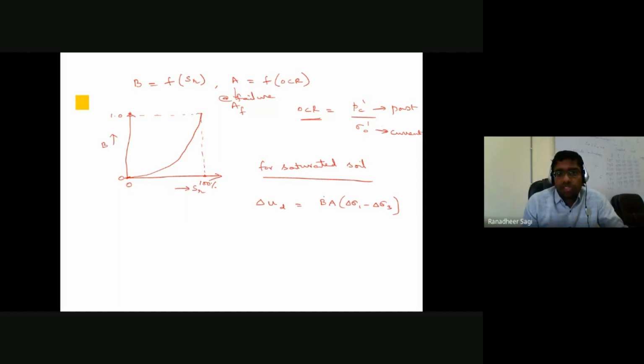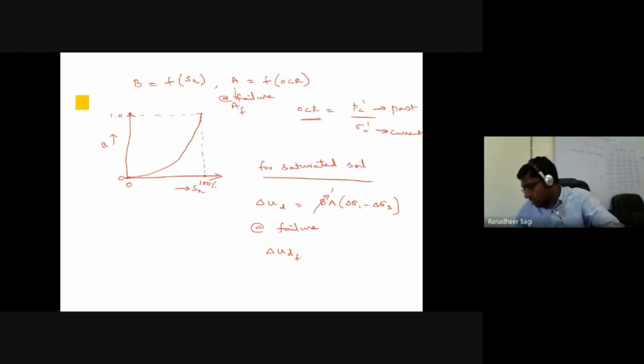Once I say the soil is fully saturated, this parameter B is equal to 1. And at failure of the soil sample, I can say that the increment in pore water pressure because of the applied deviatoric stress at the failure, for some corresponding applied deviatoric stress on the soil sample, what is the corresponding increment in your pore water pressure.